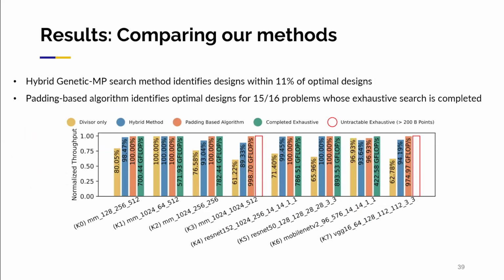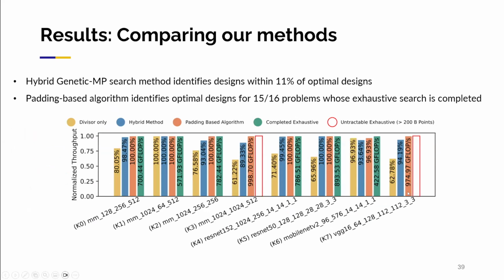So the genetic algorithm search can be much faster than the padding-based algorithm, but it can miss the optimal designs. The padding-based algorithm identifies the optimal designs for 15 out of the 16 problems whose exhaustive search is completed.